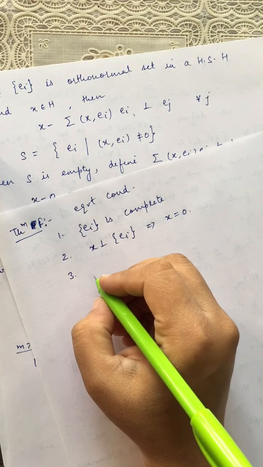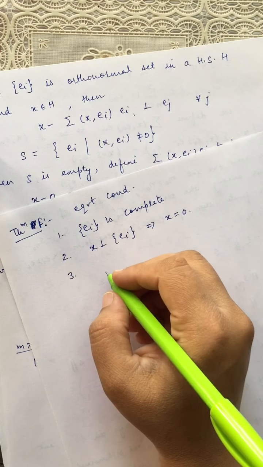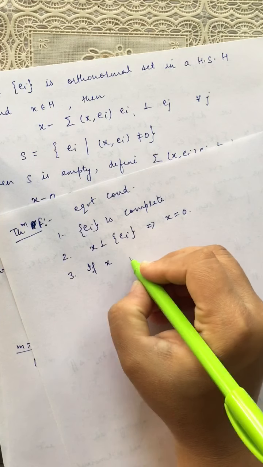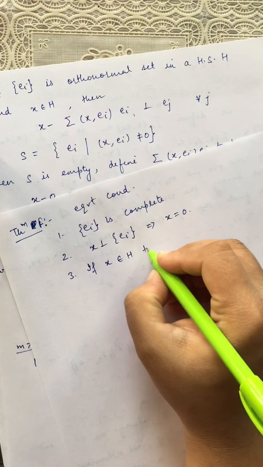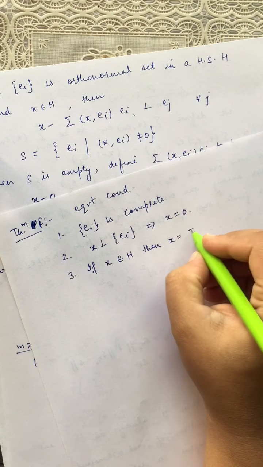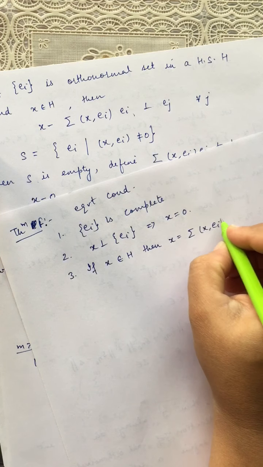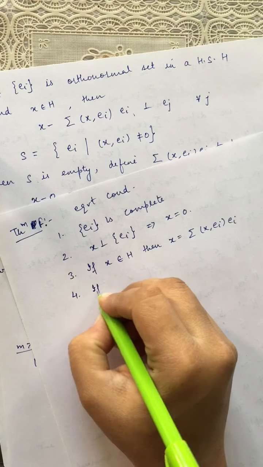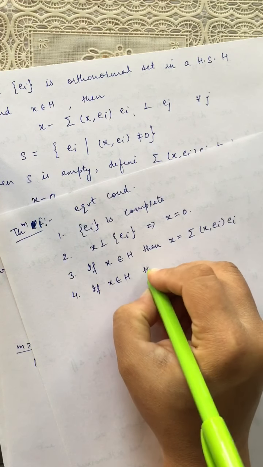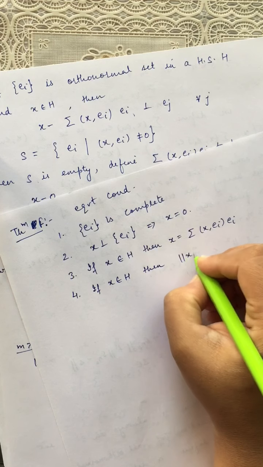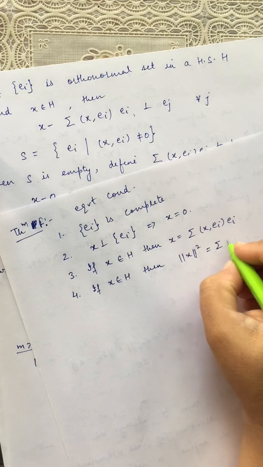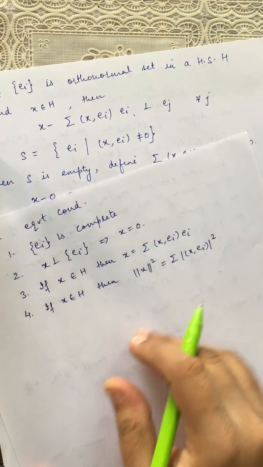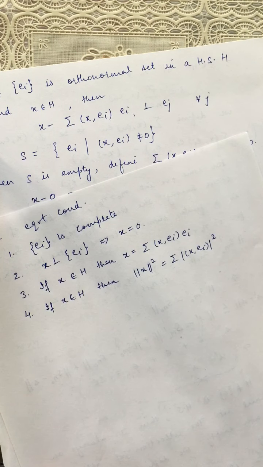Third, if x is any arbitrary vector in H, then x can be written as the summation of <x, e_i> e_i. And fourth, if x is any vector in H, then norm x squared is just the summation of |<x, e_i>| squared. So we have to prove these are equivalent conditions.